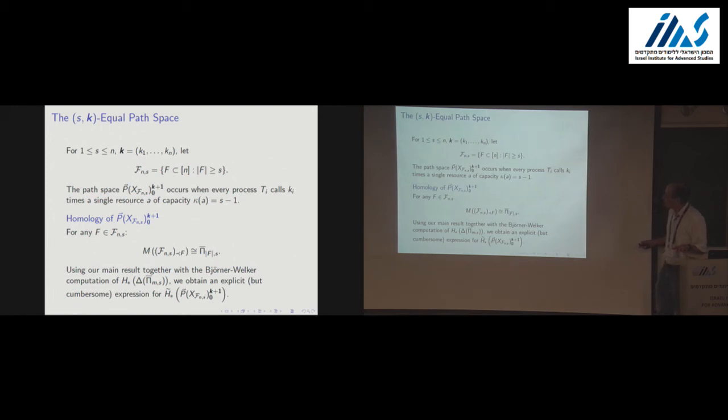It turns out that the matching complexes relevant for this path space are exactly these S-equal partition lattices that were studied by Björner and Welker, and one can compute their homology explicitly and therefore get a somewhat cumbersome expression for the homology of the path space.